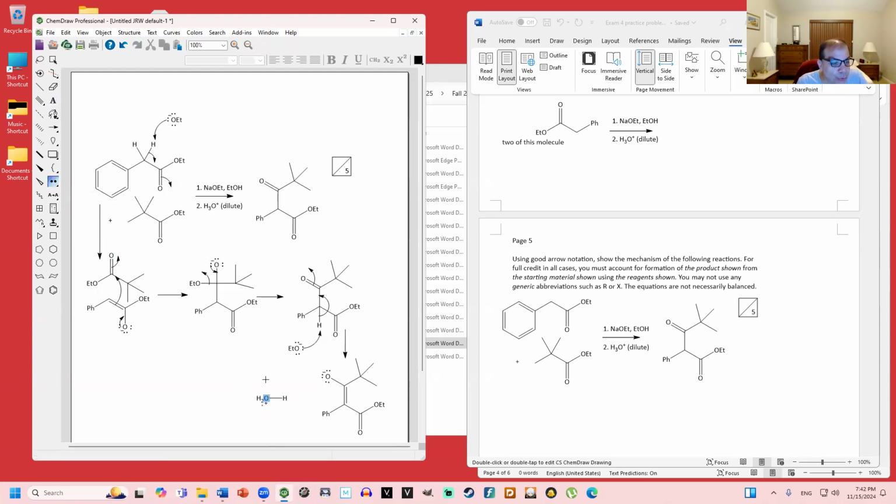And after that's all neutralized, the acid will start to get to work on the enolate, and the enolate will reform the carbonyl. The electrons in the carbon-carbon pi bond will shift out to the hydrogen. Those electrons will remain attached to the alpha carbon. So you're forming a new bond between carbon and hydrogen at that carbon.